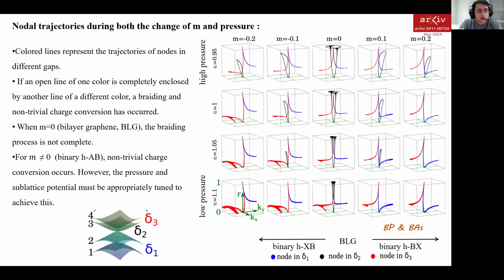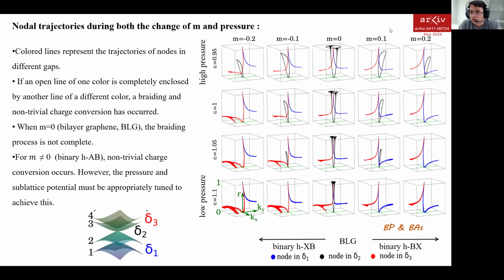But before that, we found that shifting is one way to see this braiding procedure. Also, we have discussed that pressure can do the same. Then we try to make a larger phase diagram in the sense that we investigate the sublattice potential mass.